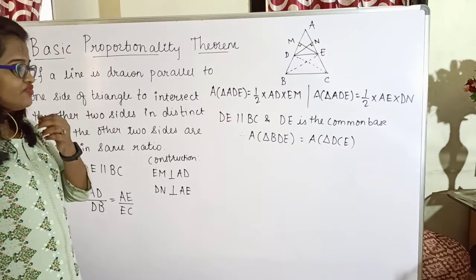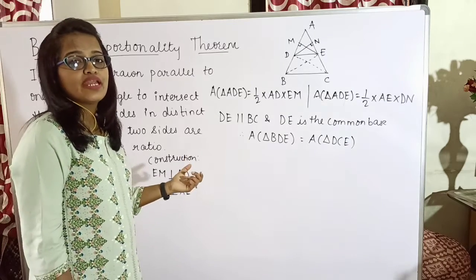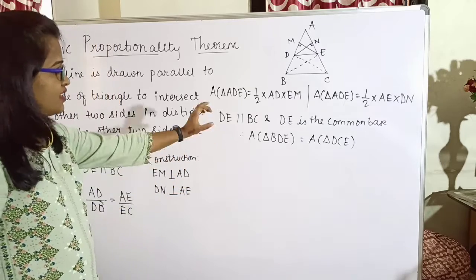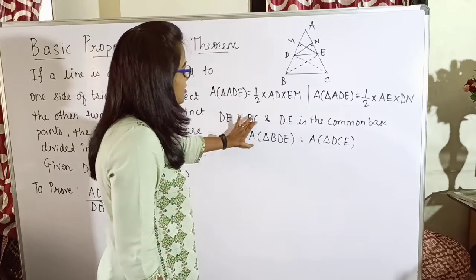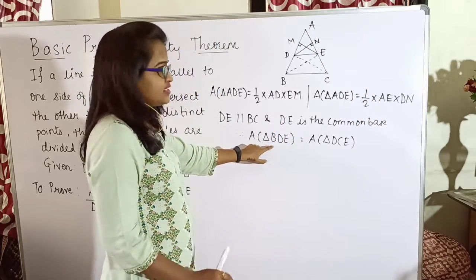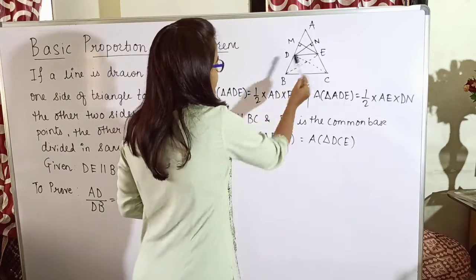Okay, so this was a theorem which we have learned in your previous class 9th standard, that is area of parallelograms and triangles. Okay, now next part, let us see what could be the formula for area of triangle BDE with respect to base and height. Coming back to the triangle BDE.